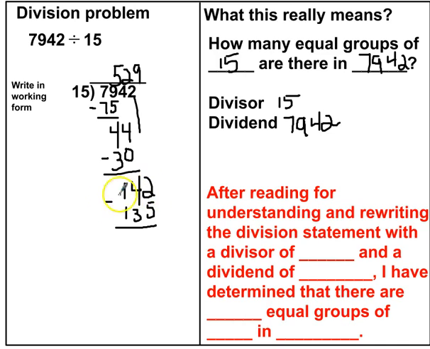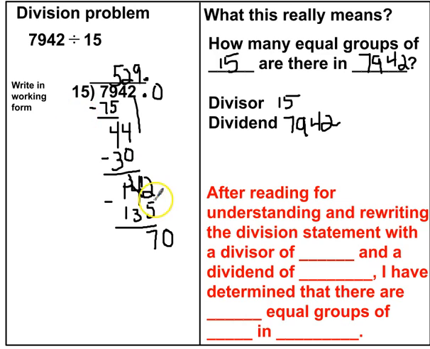This is where you have to rename. You cannot have 2 subtract 5 and get 3. That doesn't work. And you can't subtract this way, going up. So you have to rename. Some of you had difficulty with renaming on the test. Okay, 12 subtract 5 is 7. And again, I want to write this as a decimal. So I'm going to put a decimal point, add a 0, bring down the 0.